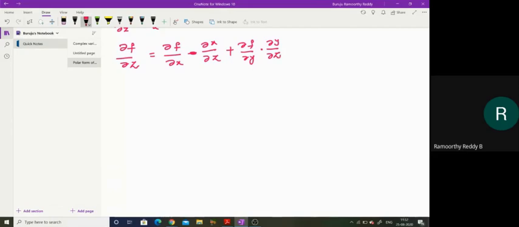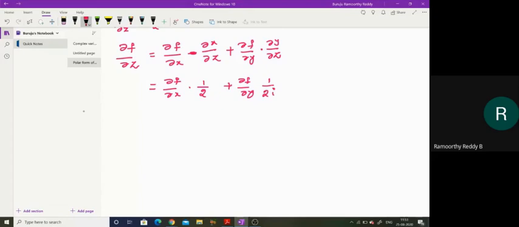Everyone already knows the chain rule, right? Now dou x by dou z is 1 by 2, and dou y by dou z is 1 by 2i.